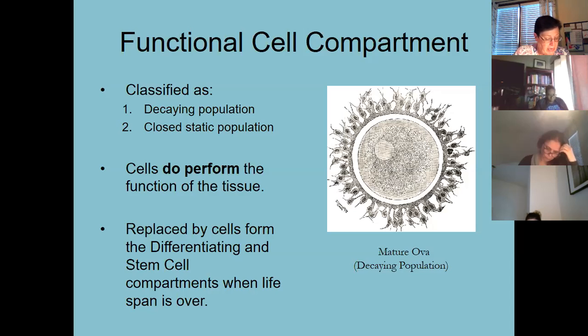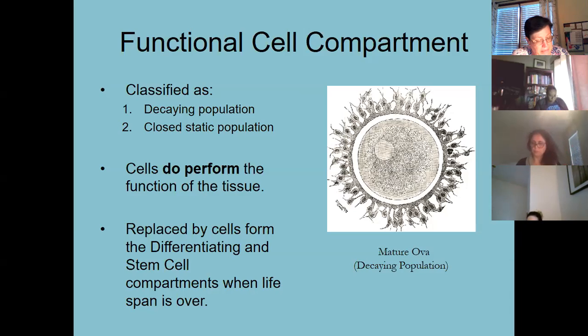Now, a decaying population is one in which cells are released throughout the lifetime of the organism, and you never get any new production. When you think about a decaying population, the main example is that of ova in the female. Females are born with all of the eggs that they will ever have.